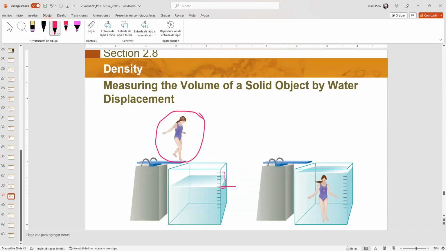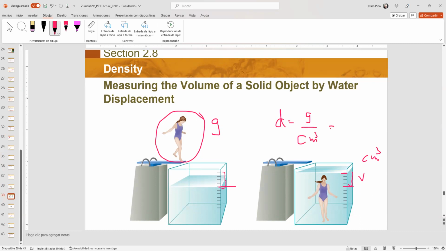And when you introduce the solid body, you can see that the volume increases. Then you say from here to here is the volume of the object. If you previously measured the mass in, for example, grams, and you get the difference of volume in cubic centimeters, then you can estimate the density, saying that it is the mass in grams divided by the volume in cubic centimeters.